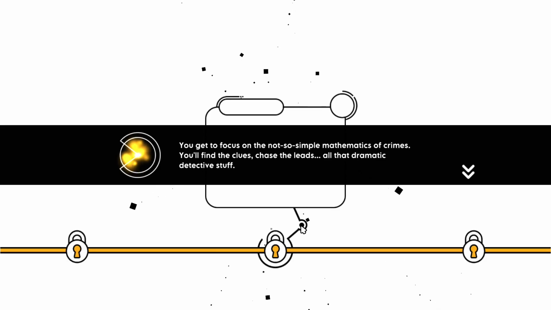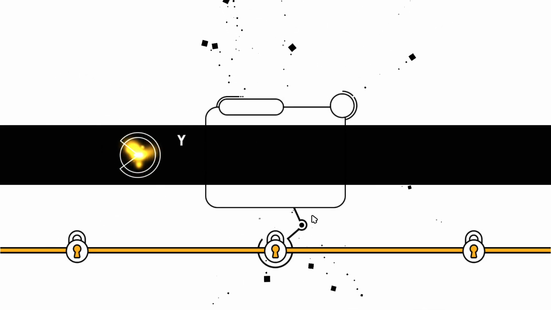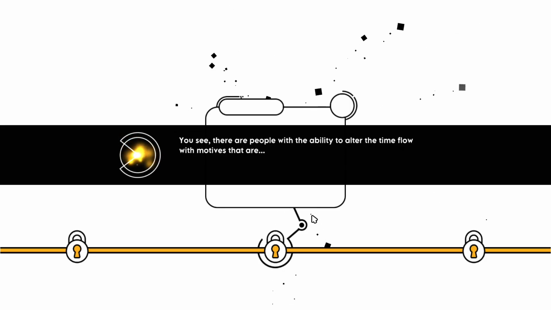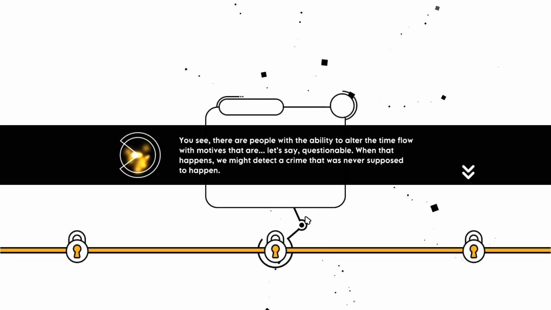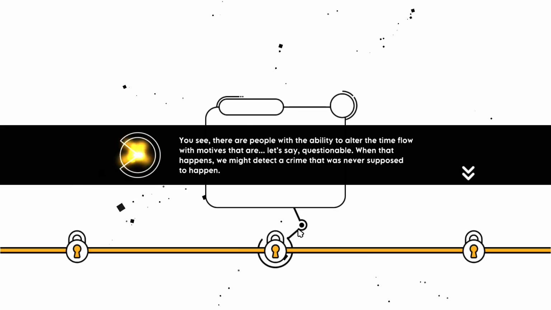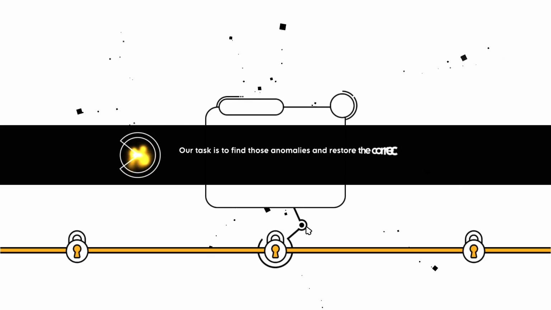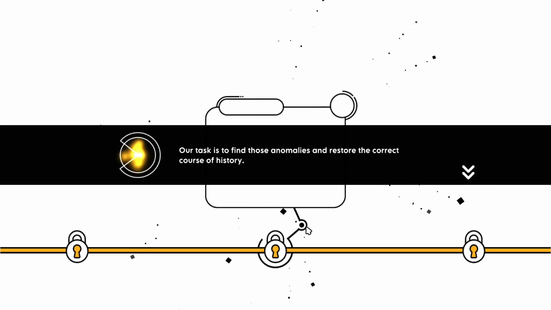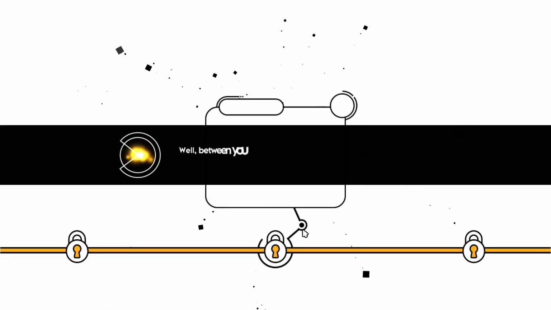You'll find clues, chase the leads, all that dramatic detective stuff. You see, there are people with the ability to alter the time flow and with motives that are, let's say, questionable. When that happens, we have to detect a crime that was never supposed to happen. Our task is to find those anomalies and restore the correct course of history.